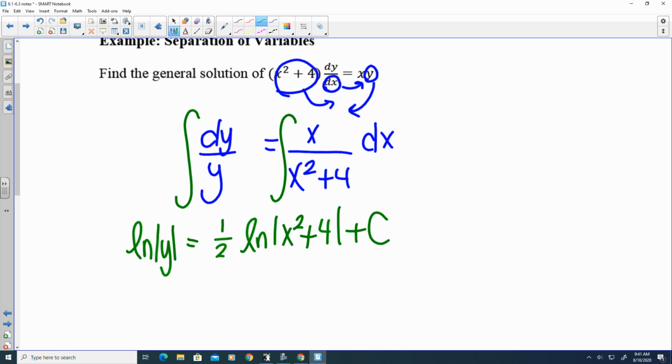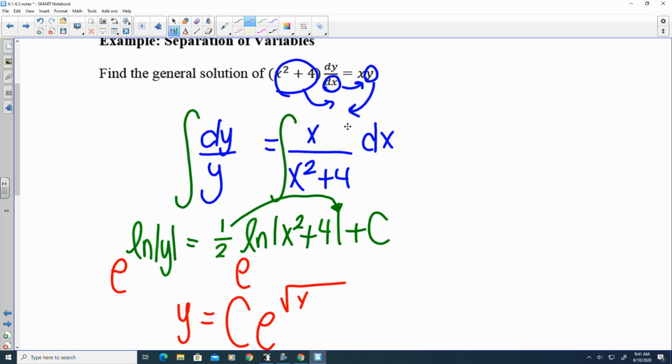Now, in order to get rid of those natural logs, I need to move this 1/2 to be an exponent with the x squared plus 4. And then I can exponentiate both sides. So I have y equals, and with the c, remember when we take exponential, that becomes a c out front.